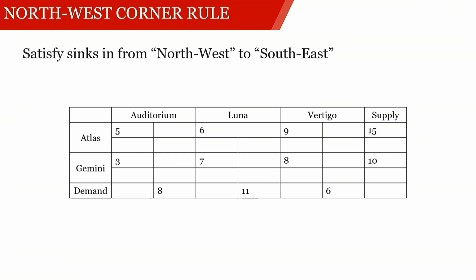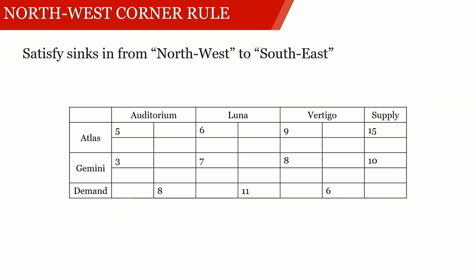So let's look at this one example of this TUE bike sharing system, which has the sources Atlas and Gemini, which are here in the vertical direction, and 3 sinks, which is Auditorium, Luna, and Vertigo, here in the horizontal direction. And now what we're doing is we're always going from northwest to southeast in this table.